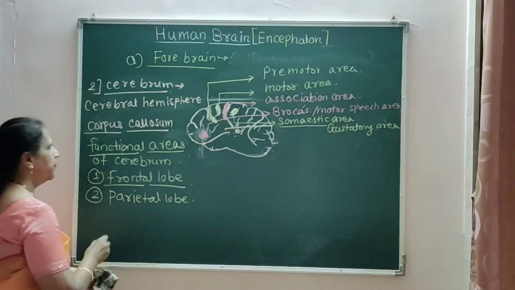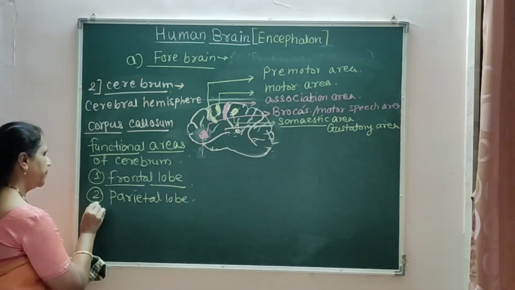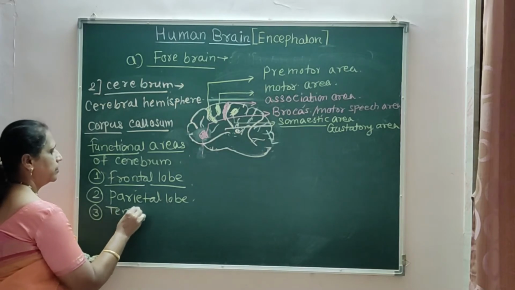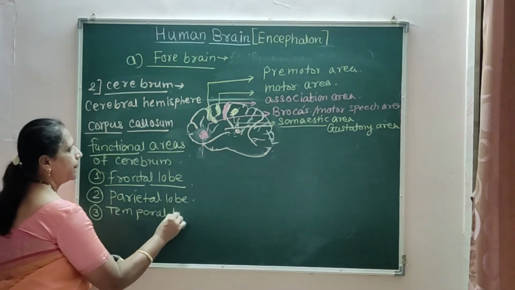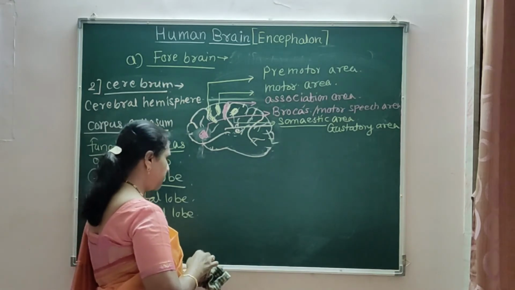Then the third lobe is the temporal lobe. In the temporal lobe there are two main areas.